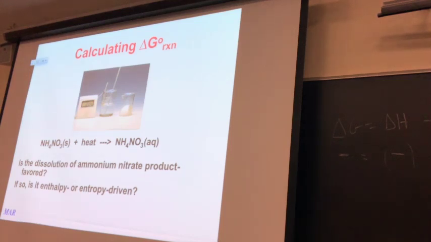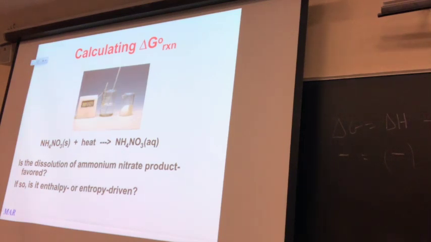If delta H is positive, that's when you have an endothermic reaction, and you can write heat as a reactant. If delta H is positive, is this an enthalpy-driven reaction? No. Delta H has to be negative in order to make delta G negative. This has a positive delta H. So this reaction is not enthalpy-driven.